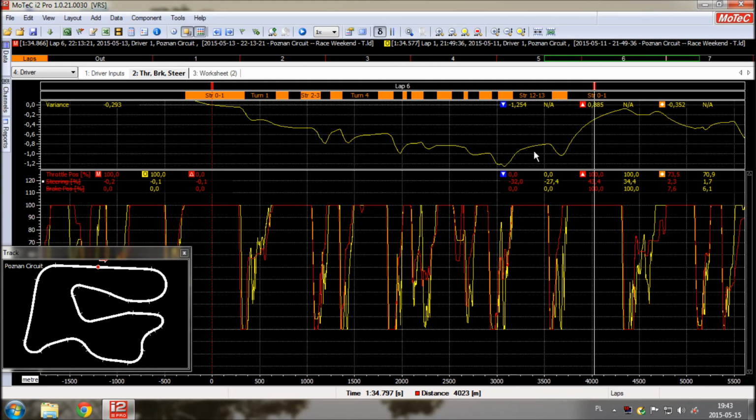We analyzed how he should approach the corner, etc. And when I receive the data, which should be on Monday, if there won't be any problems, I will upload, and you'll be able to see the second part. So the second pair of stints, like the second and the third stint.